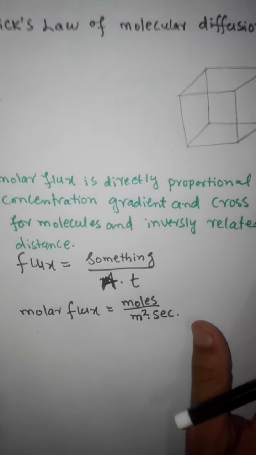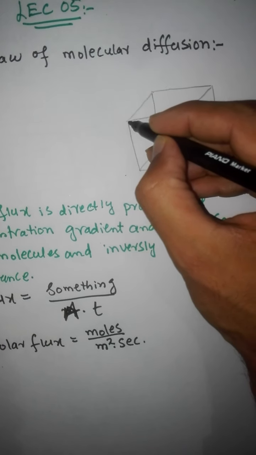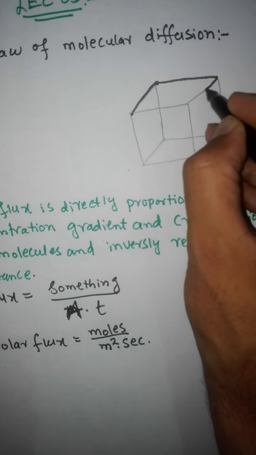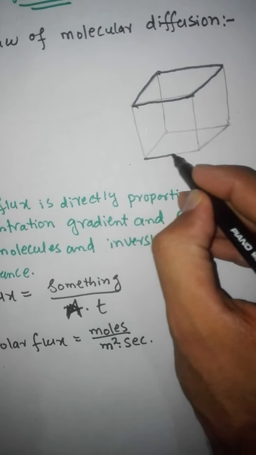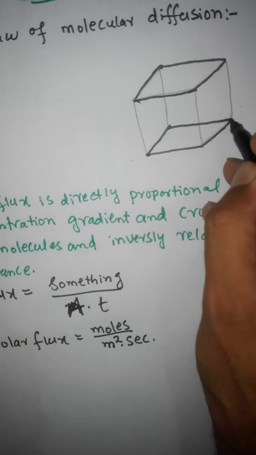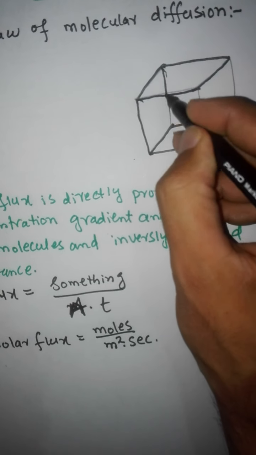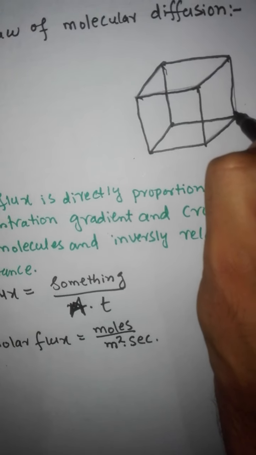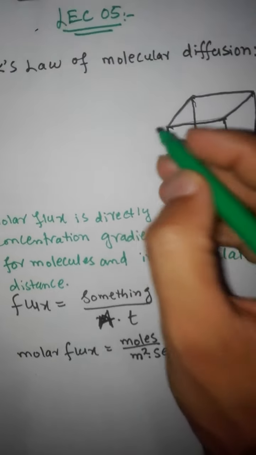So now, what is molar flux? Suppose we have a box, this is the control volume. Now there are some molecules on its one side.